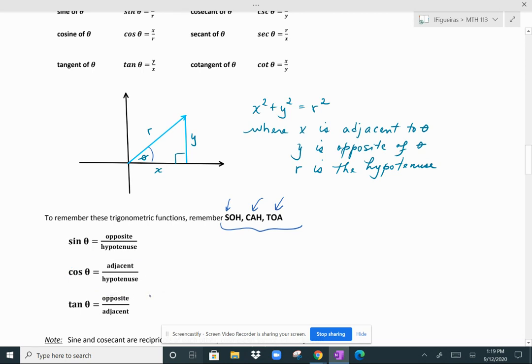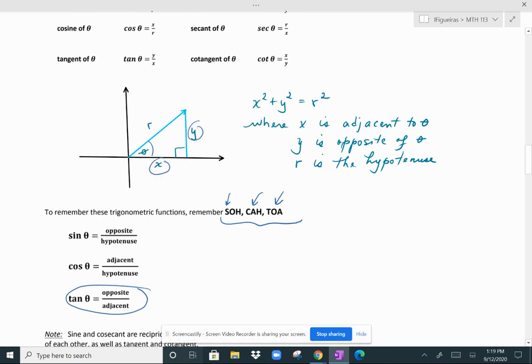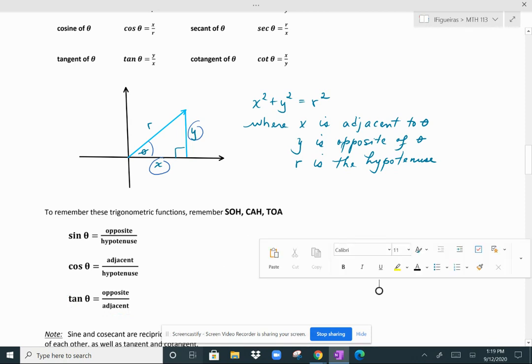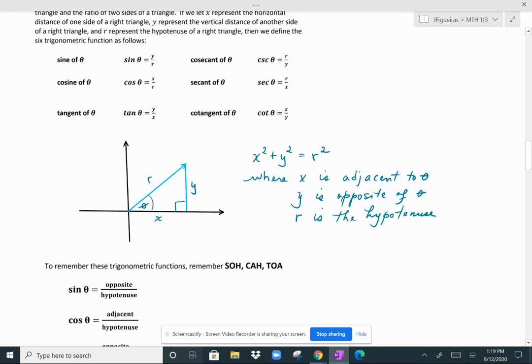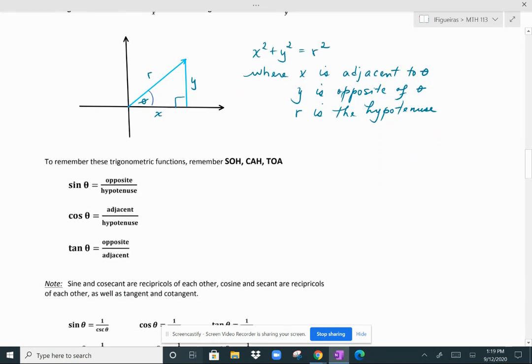That's where the O and the A represent opposite over adjacent, which is exactly what we saw above. Okay, so this is just a trick to help you memorize these. But memorization will be required because you use these trigonometric relationships between the angle and the sides often throughout this course.